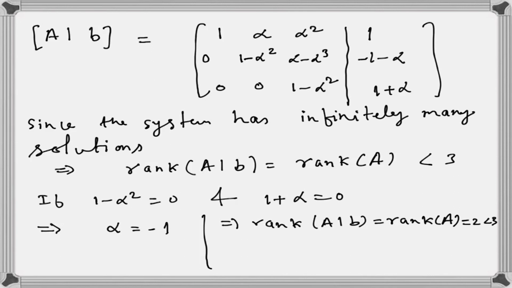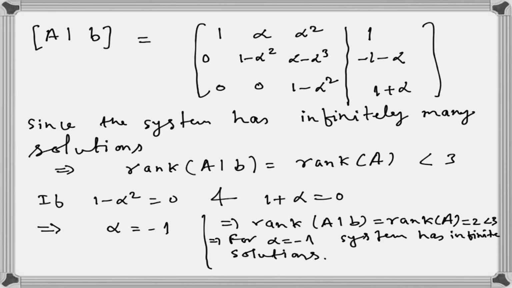So for alpha equal to minus 1, the system has infinite solutions, and this implies that 1 plus alpha square will be 1. So this is the final answer.